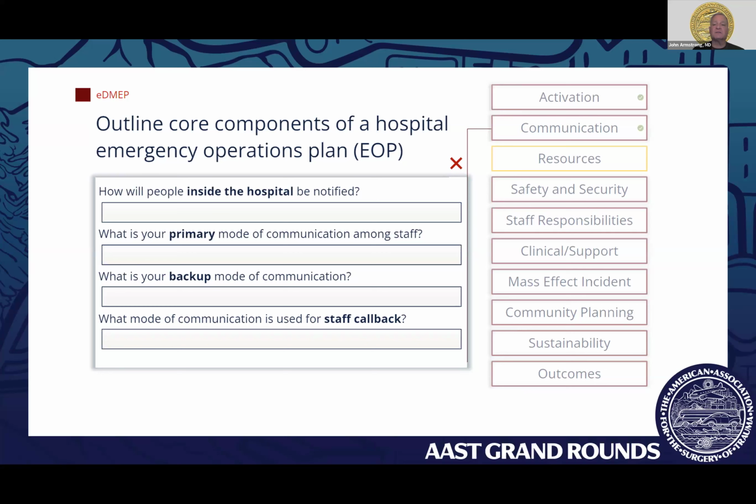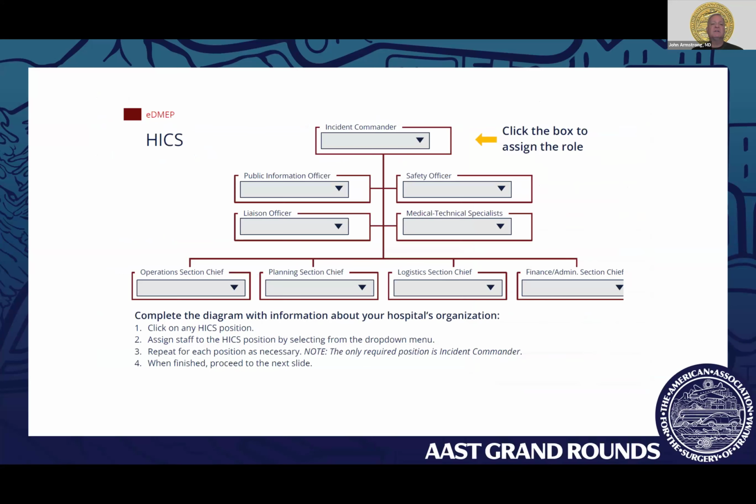And how do you call staff back? And then what E-DMEP does across all 10 of these emergency operation plan functions is to generate a list that the learner can print and can bring back to or into the hospital to elevate engagement and level of readiness.